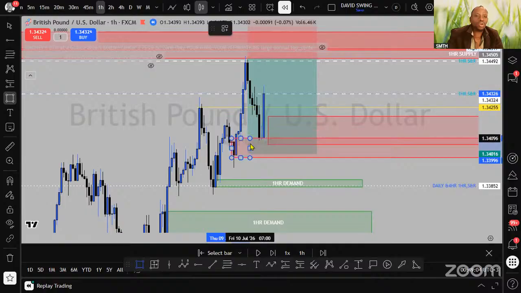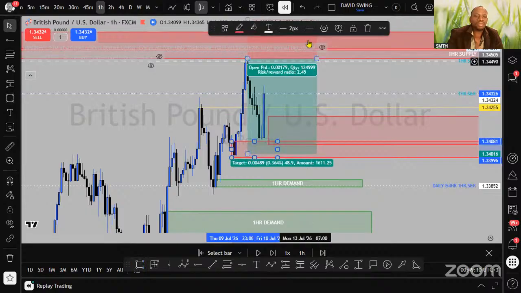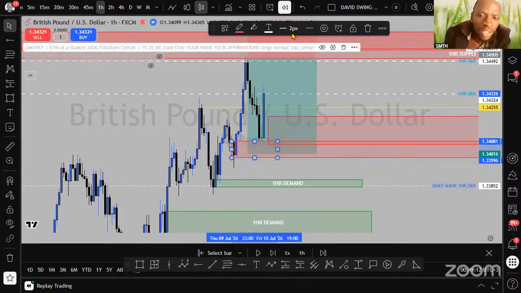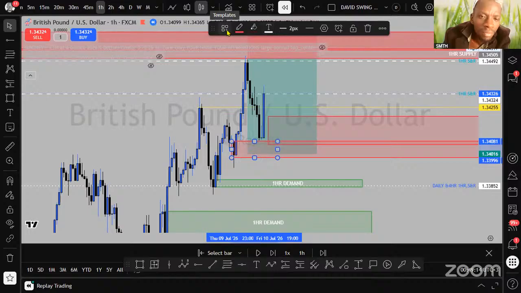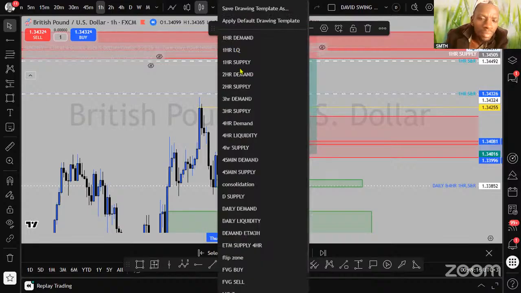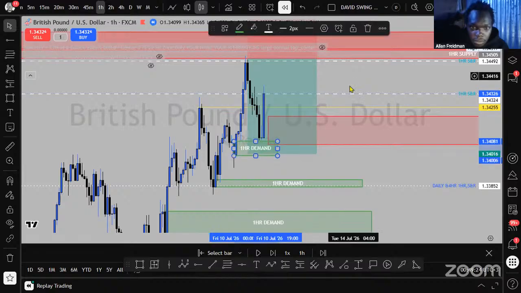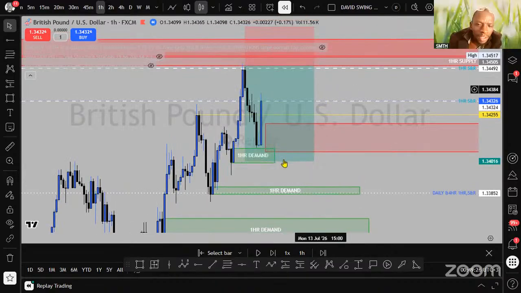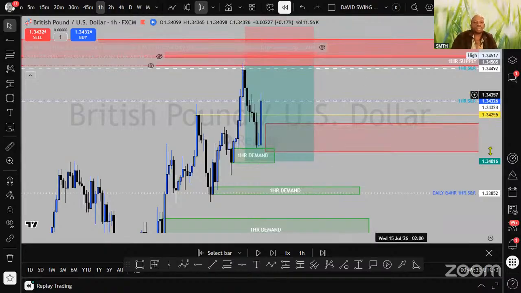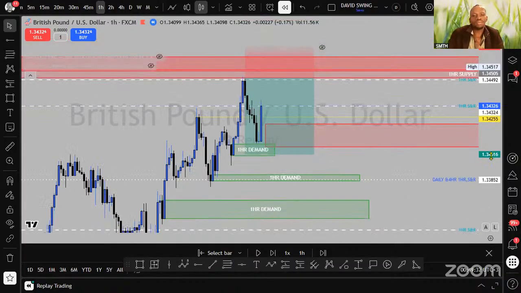You can confidently see price was coming to react, because you knew carefully what price had done, it reacted back from. So this was a 1 hour demand. And it tells you, you sell from supply and you buy at demand.